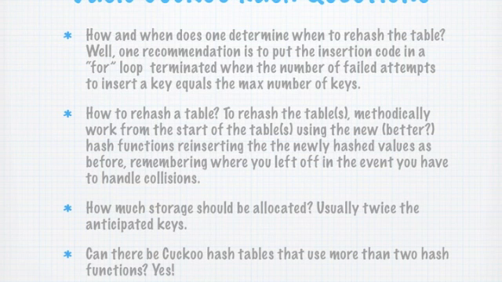Basic Cuckoo hash questions. How and when does one determine when to rehash the table? There's no rules when you have to actually rehash a table. As long as the table is still allowing you to insert new keys, it's fine. But in these situations of the loops where you just move data around in a circle, you need a way to detect that.